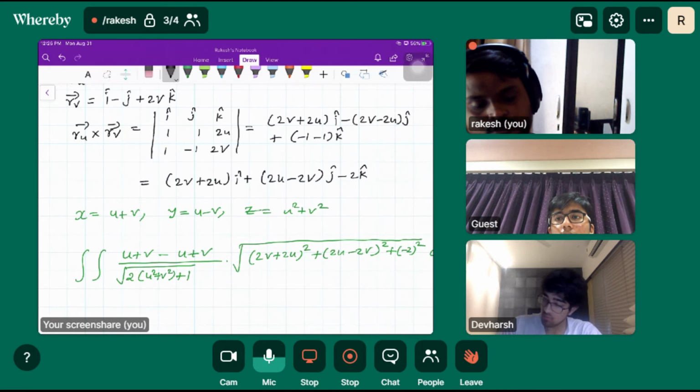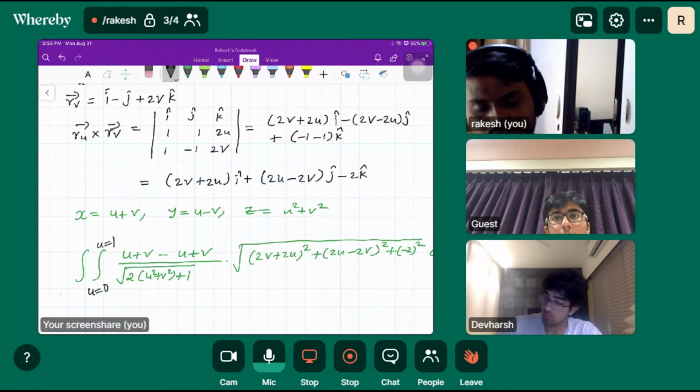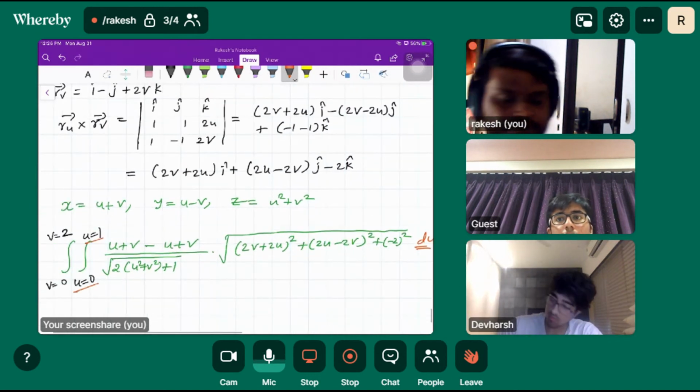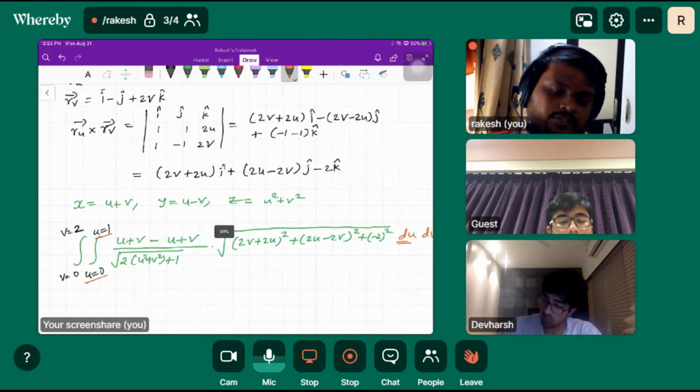And u goes from 0 to 1, v goes from 0 to 2. You can change dA to du dv. This should match with the variables here, right?